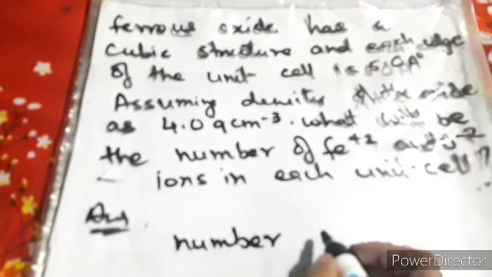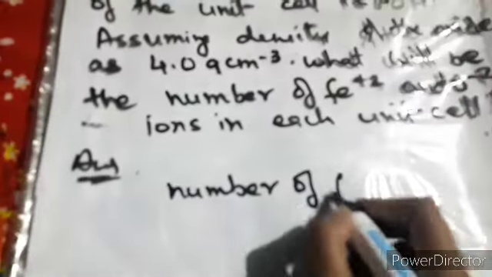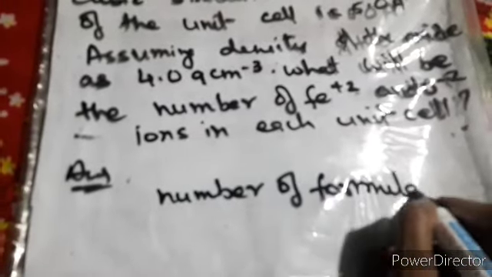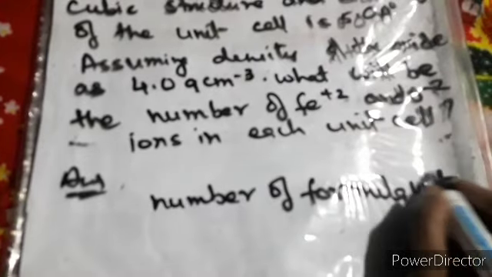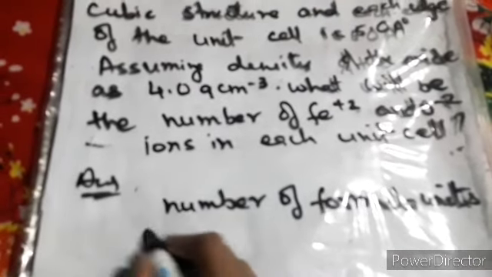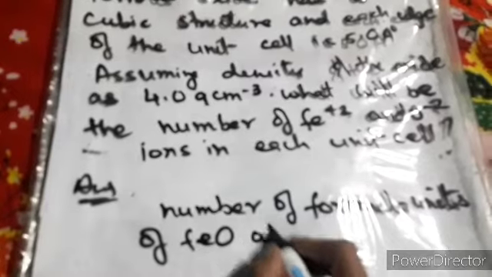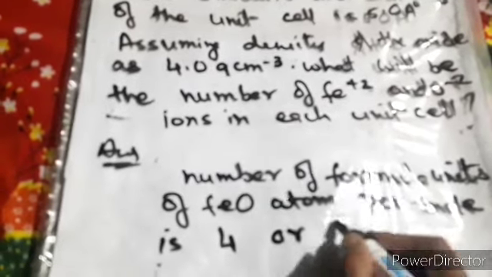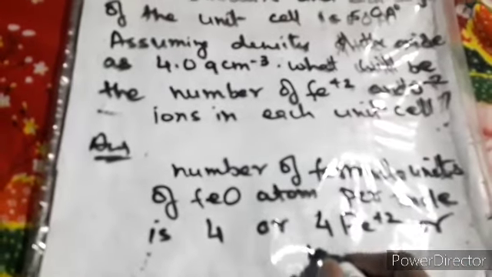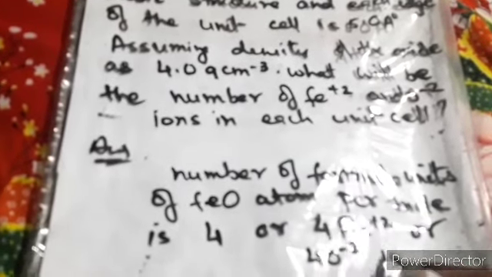So what you will write down: the number of formula units of FeO atom per mole is 4, or you can write down 4 Fe plus 2 or 4 O minus 2 ions per unit cell.